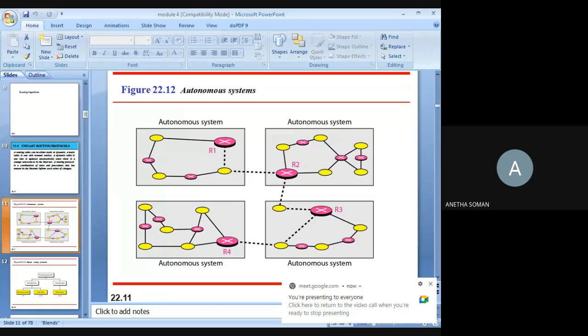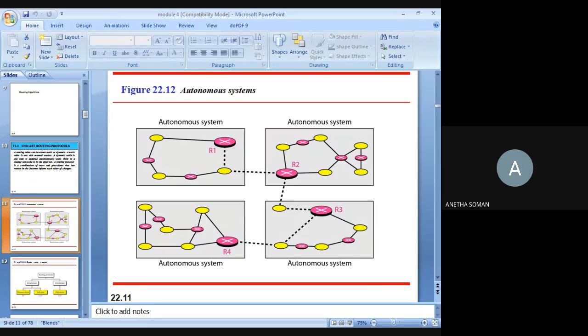Now, what is an autonomous system? When you are considering an inter-network, a single protocol is not able to handle all the tasks, right? So it has been divided into autonomous systems. An autonomous system is a collection of networks under the authority of a single administration.